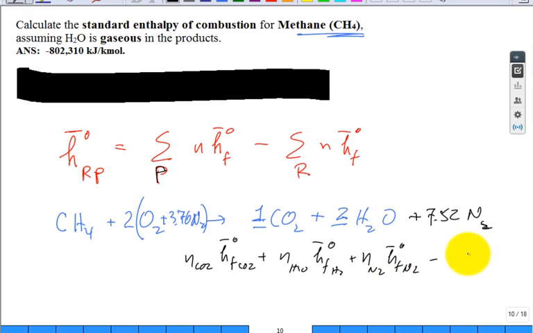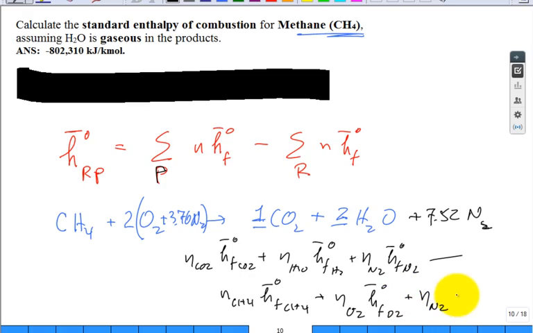Then we bring this down here, we have the stoichiometric coefficient of the CH4, enthalpy of formation of CH4, plus the stoichiometric coefficient of oxygen, enthalpy of formation of oxygen, and the stoichiometric coefficient of the nitrogen, enthalpy of formation of nitrogen. Okay, that's what I'm asked to calculate.